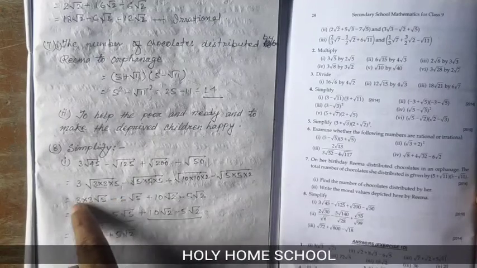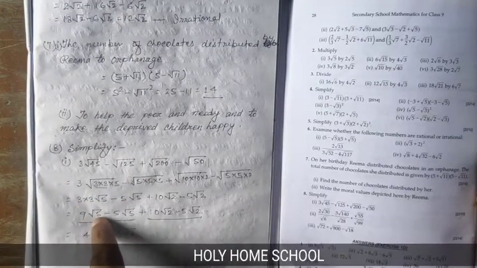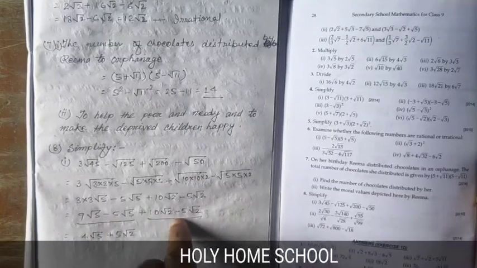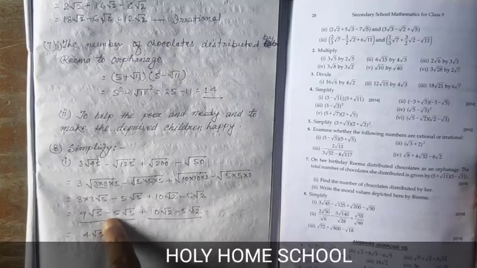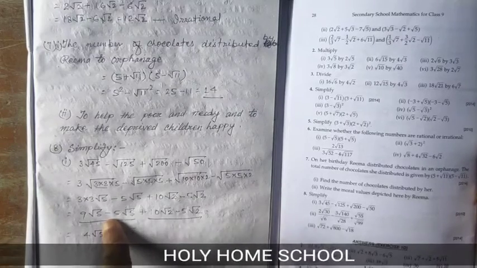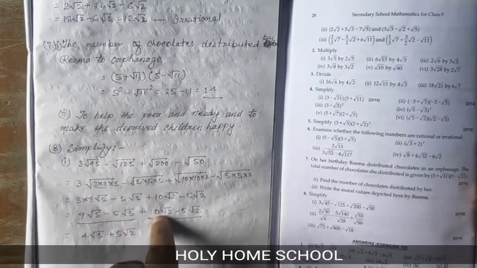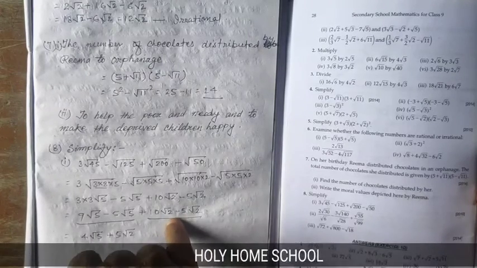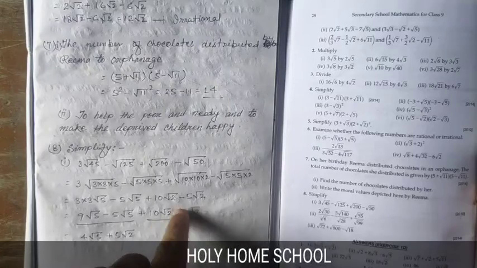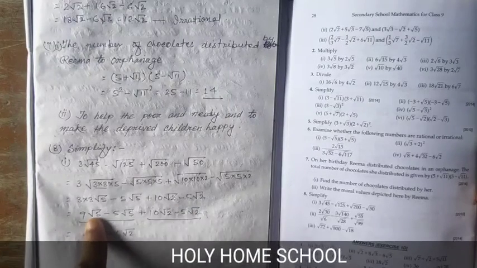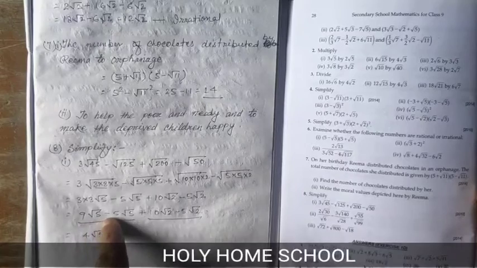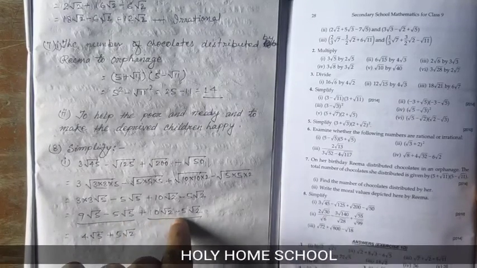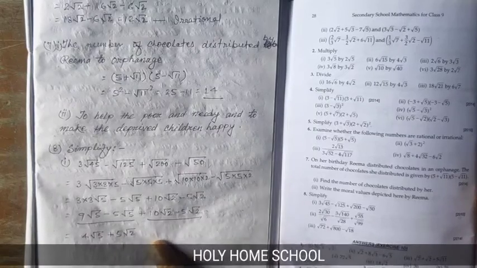Like numbers: 3 multiply 3 is 9 root 5 minus 5 root 5, these are like numbers, and these also are like numbers, because root 5 is multiplied in these two terms and root 2 in these two terms. So solve like numbers together. 9 root 5 minus 5 root 5 will be 4 root 5, and here 10 root 2 minus 5 root 2 will be 5 root 2.